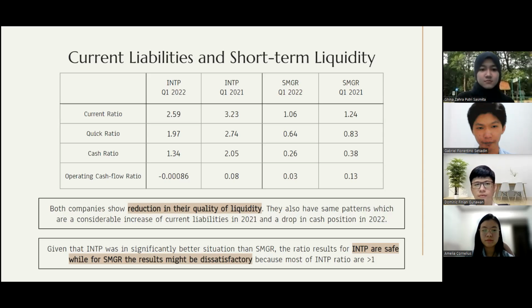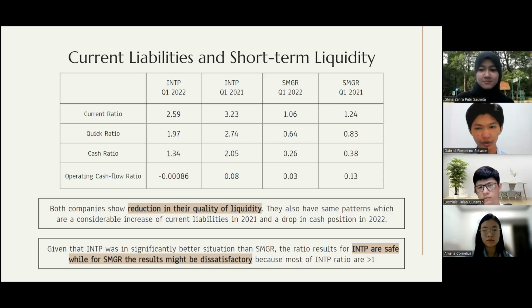They also have the same patterns, which are a considerable increase of current liabilities in 2021 and a drop in cash position in 2022. INTP was in an insignificantly better situation than SMGR. The ratio results for INTP are safe, while for SMGR the result may be unsatisfactory, because most of INTP's ratios are more than 1.